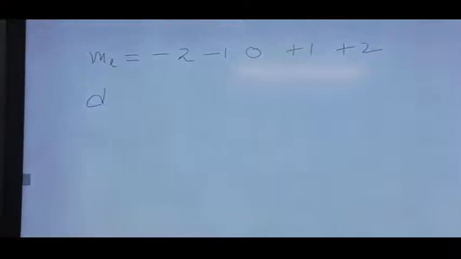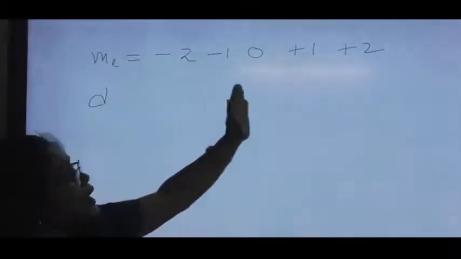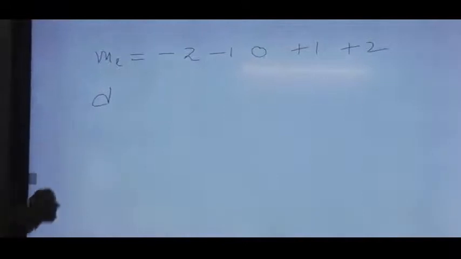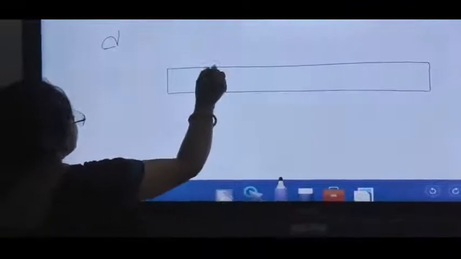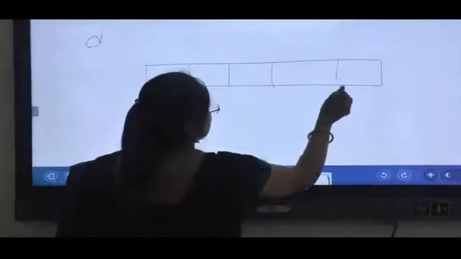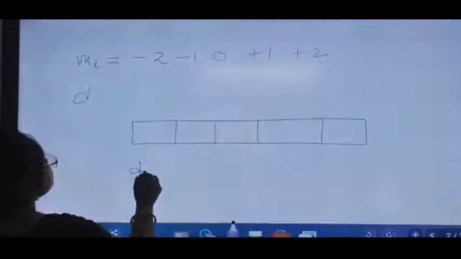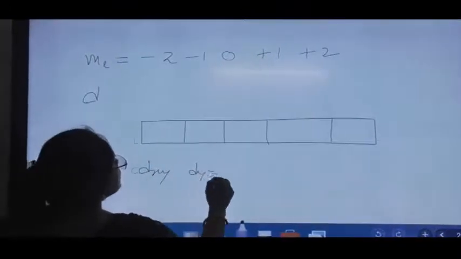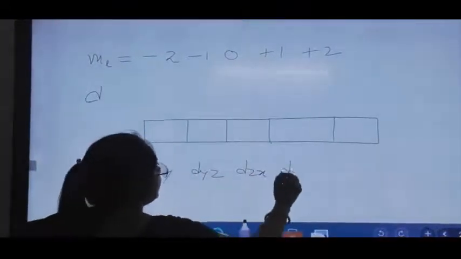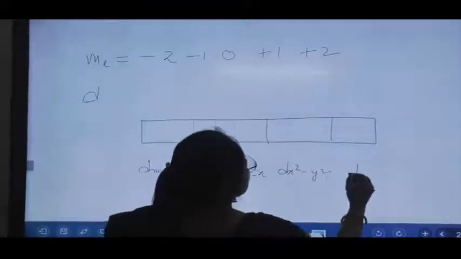For d orbitals, the magnetic quantum number has 5 values, -2 to +2. This means there will be 5 different orientations for the d orbital. If we draw the 5 d orbitals, the different orientations are represented as dxy, dyz, dzx, dx square minus y square and dz square.